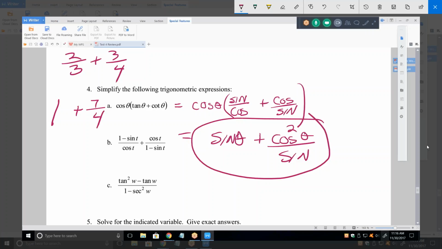It shouldn't. You still have to find a least common denominator. It's the same thing in trig. It does not matter that 1 does not appear to have a denominator. It does have a denominator. It's called 1. So if I put a 1 under here, now what's the least common denominator?